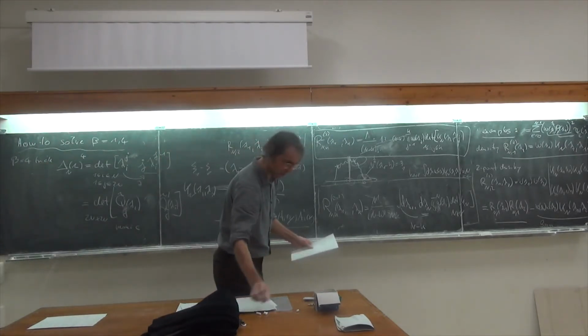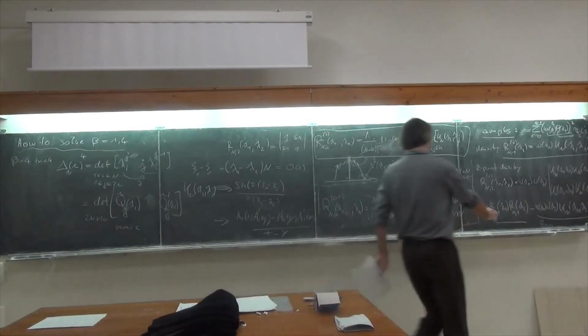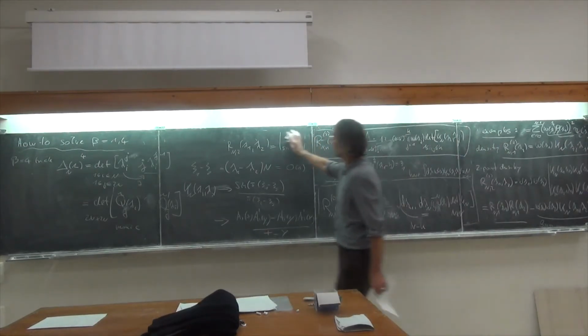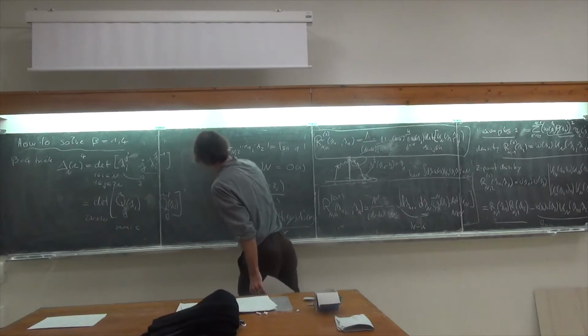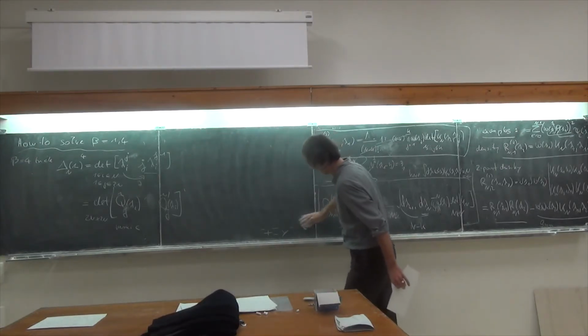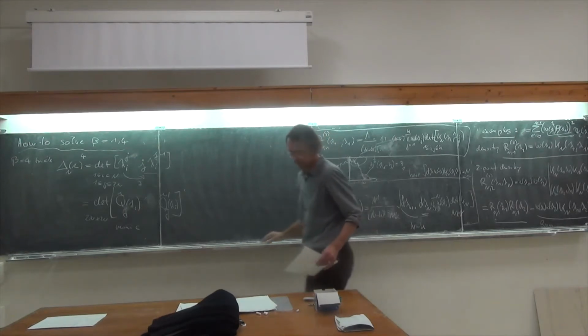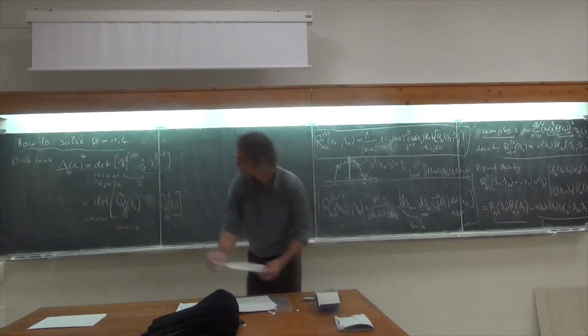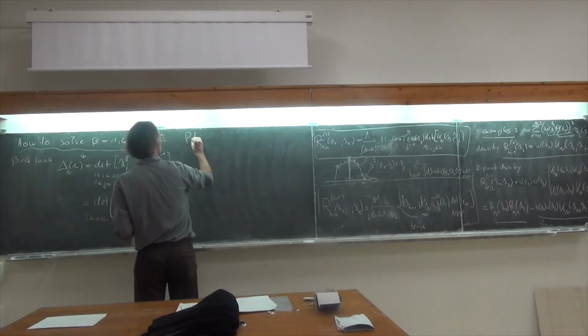Now, in order to explain that identity, I need some more notation. The notation is about the Pfaffian.